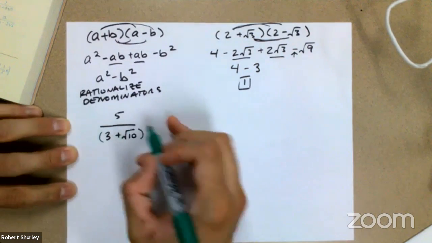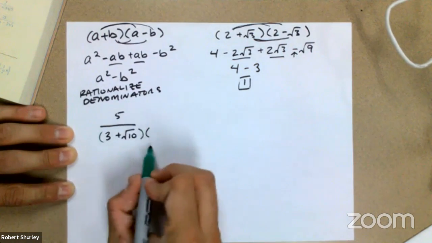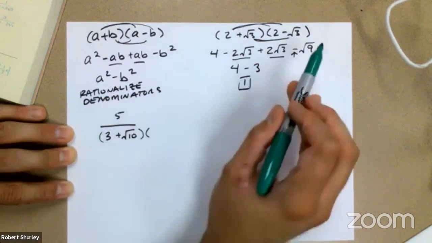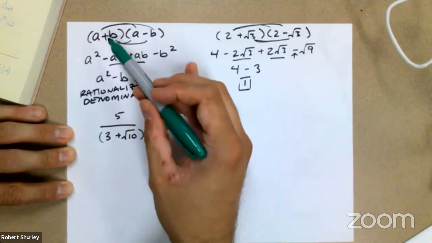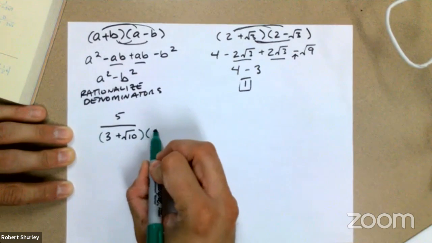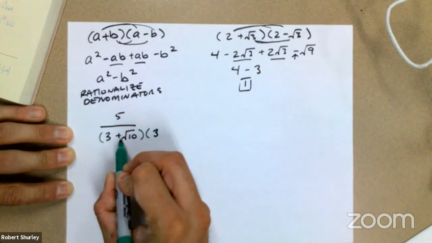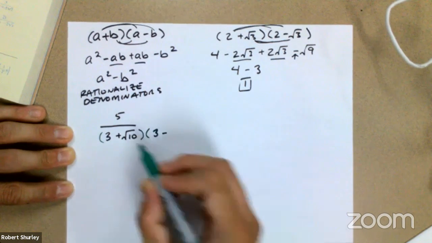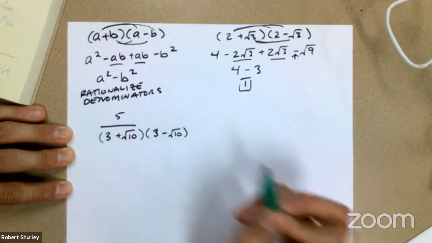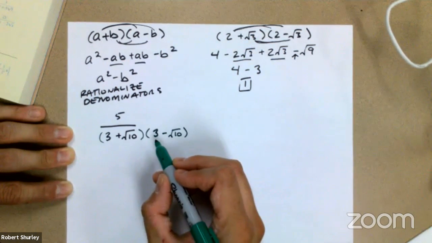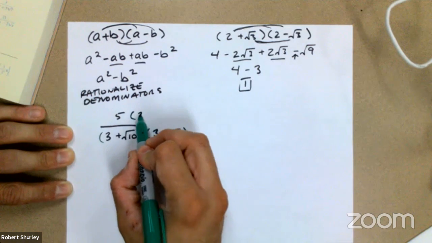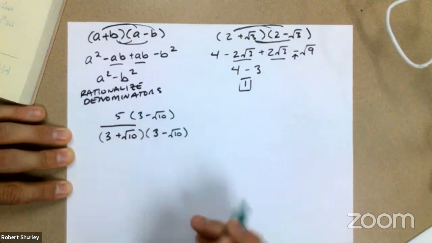The way we do this is we multiply by the denominator's conjugate. We've got an a plus b going on. We're going to multiply by a, for us 3, and now minus the square root of 10. But when you do that in the denominator, because it's a fraction, you have to do it in the numerator, too.